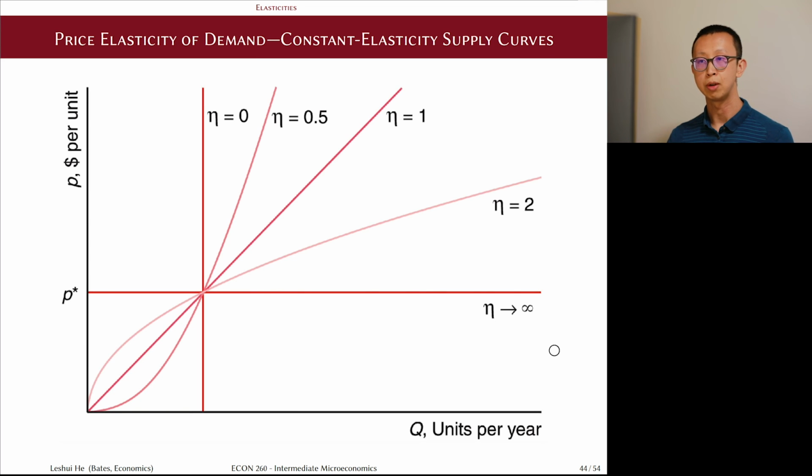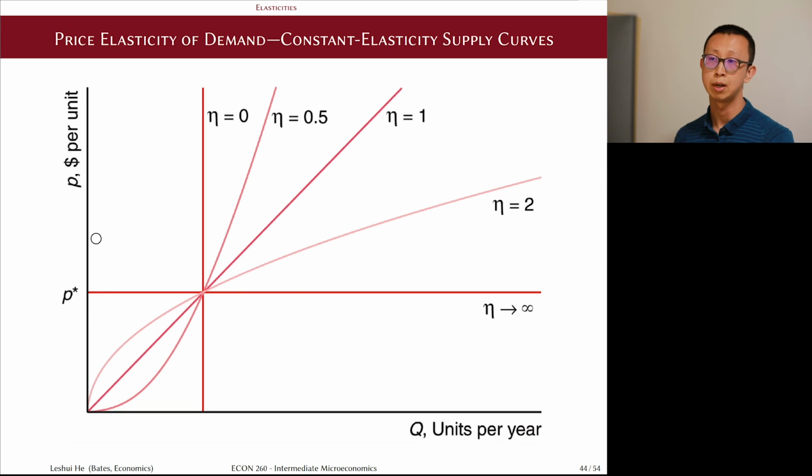And similarly, we can try to plot this function, and what we realize is that just like in the demand case, where different constant price elasticity demand curves can be thought of as filling up this entire spectrum between the perfectly inelastic and perfectly elastic demand curves, you can think of exactly the same thing for the supply side. We can have a perfectly inelastic supply curve, which is vertical.